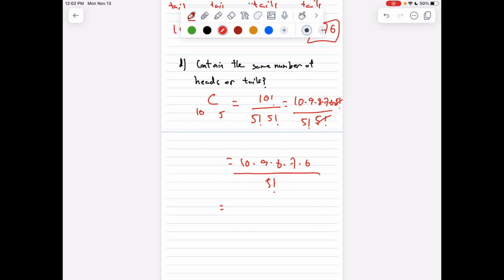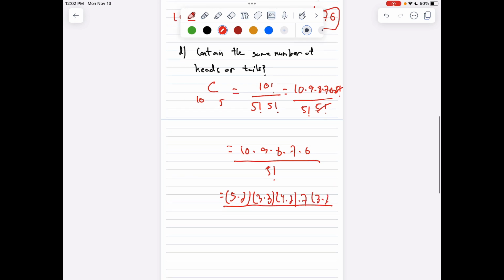The other thing you can do is these values will always divide into each other. What I like to do is, for example, let's start with 10. 5 goes into that, and it's 5 times 2. 9 is 3 times 3. 8 is 4 times 2. 7 stays as is, and 6 is 3 times 2.